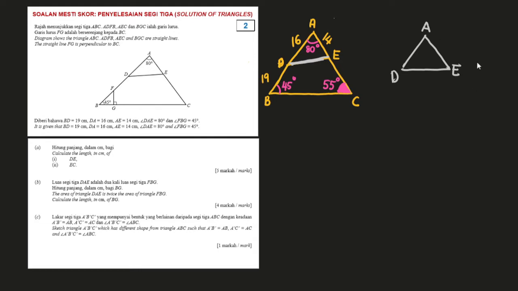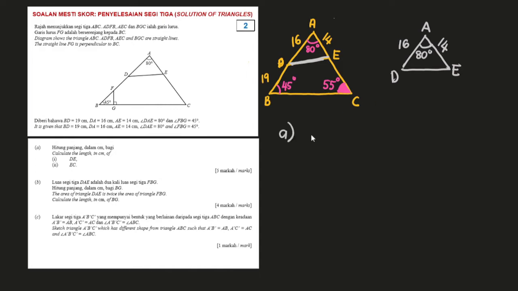You also draw. See if you are able to draw and label everything correctly. D to E. So here is 16, here is 14. In the middle here is 80 degrees.